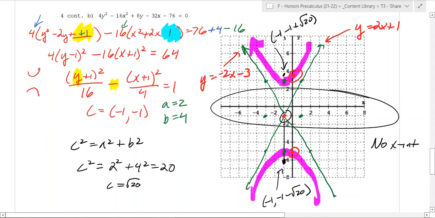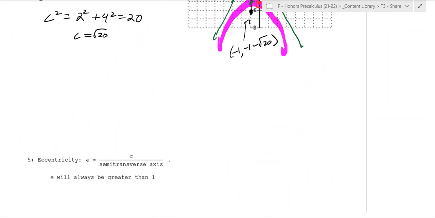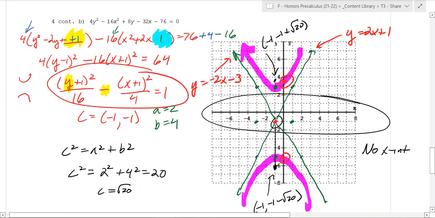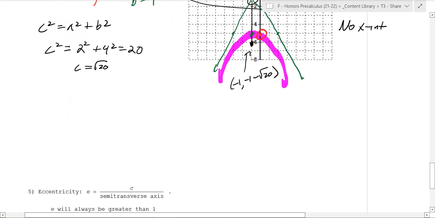So if we find the y-intercepts, you're doing x is equal to 0. So you plug in x is equal to 0 into our standard form, which will make it easier to do the algebra. And when you do that, you end up with y plus 1 squared over 16, minus, I gotta do the minus, don't forget that. When you plug in 0, you get 1 fourth minus 1.